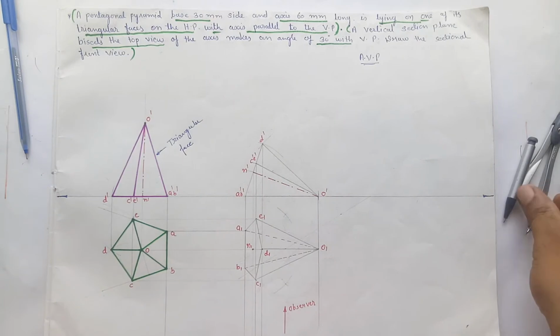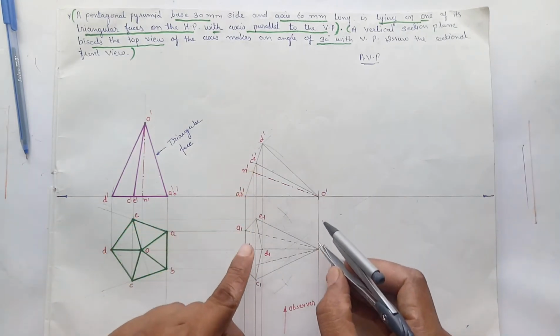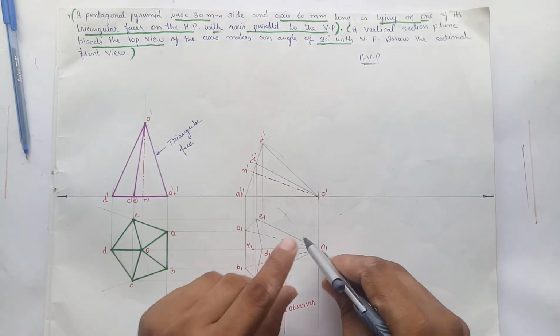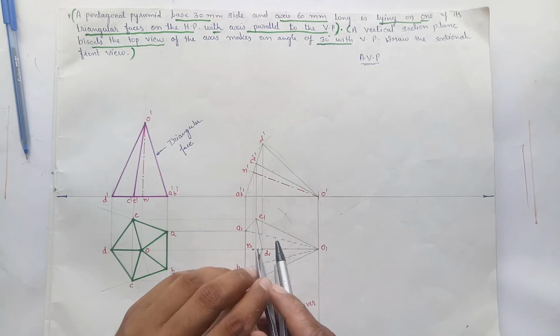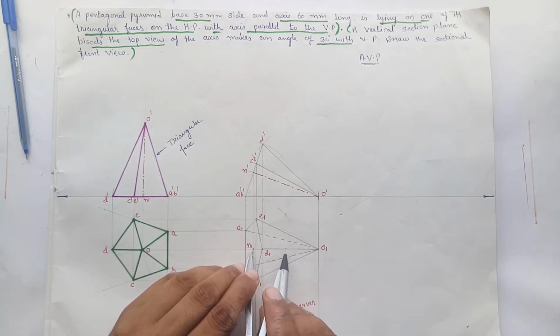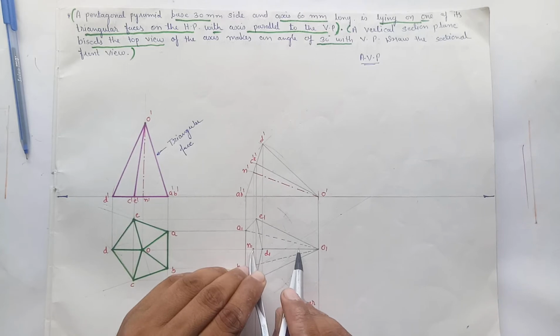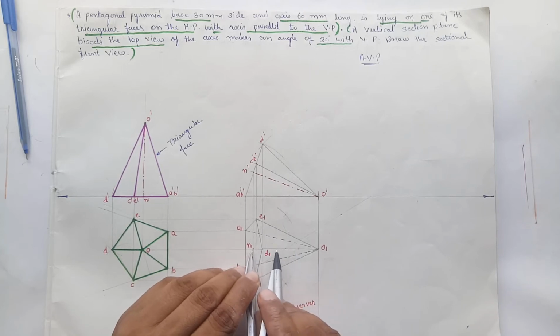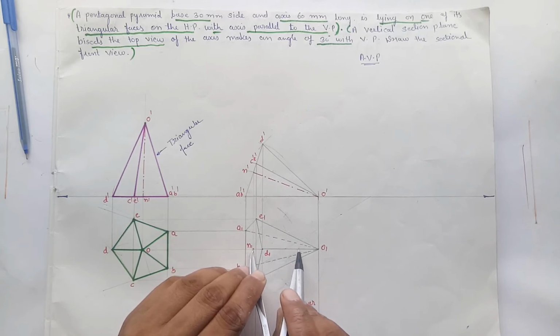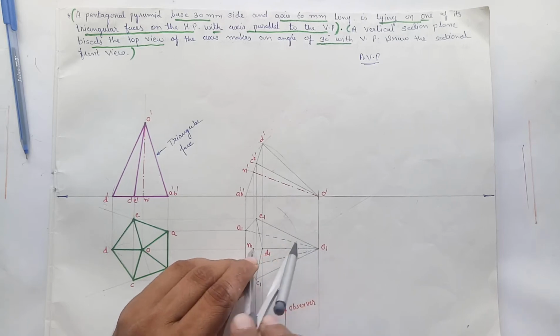So first of all show the top view of the axis. It is O1 and N1. Now find the midpoint of O1 N1, which is the top view of the axis. Open your compass more than half of the line O1 N1 and give arcs upwards and downwards.